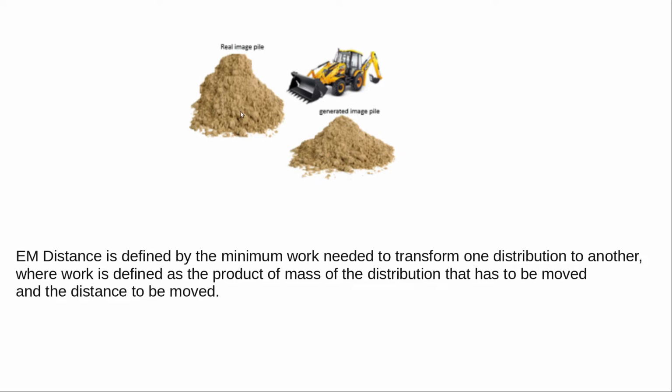More formally, the earth mover distance or Wasserstein distance is defined by the minimum work needed to transform one distribution to another, where work is defined as the product of the mass of the distribution that has to be moved and the distance to be moved.